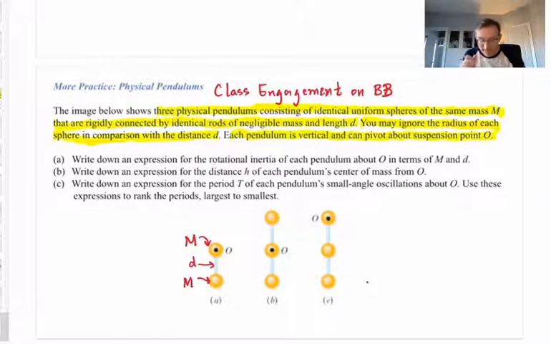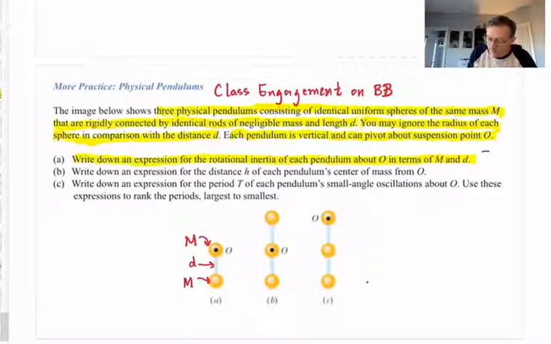And you've got to look carefully where that suspension point is for the 3 pendulums, A, B, and C. Okay? All right, and here come the things I want you to do. A, I want you to write down an expression for the rotational inertia, I, for each pendulum about its pivot point O. You've got to look where the pivot point is for each one. The answer will be in terms of m and d.